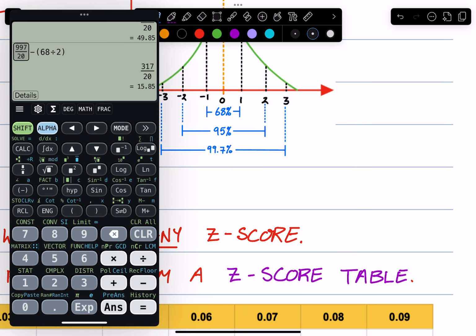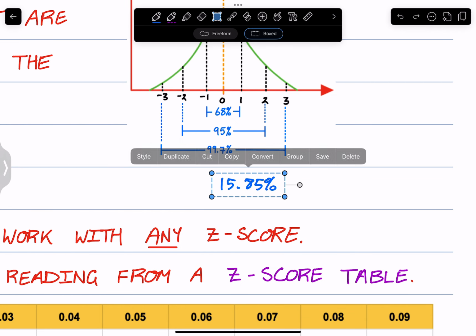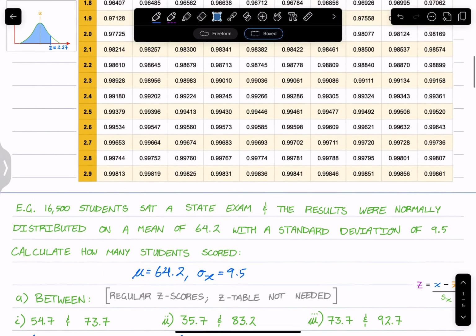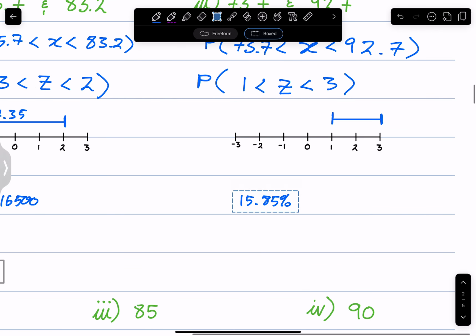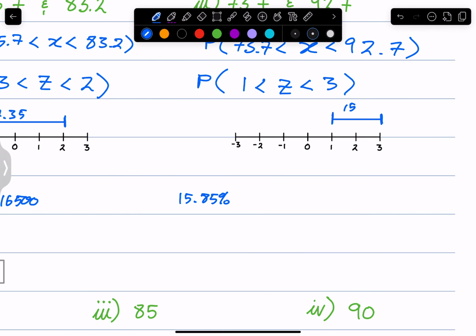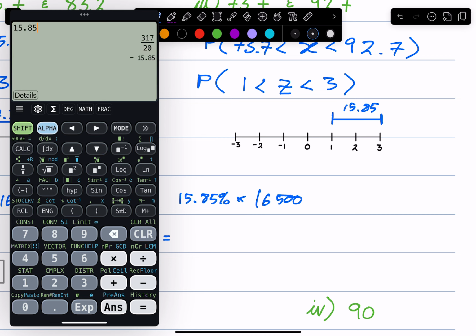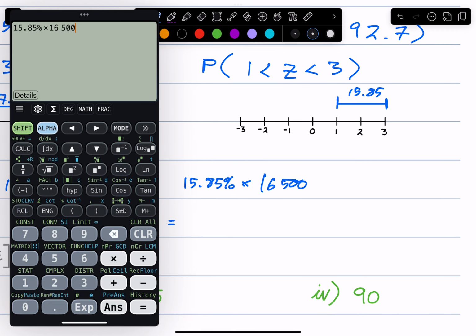That gives us 15.85%. There are this many students in between those scores. So 15.85% times 16,500 gets us 2,615 students.